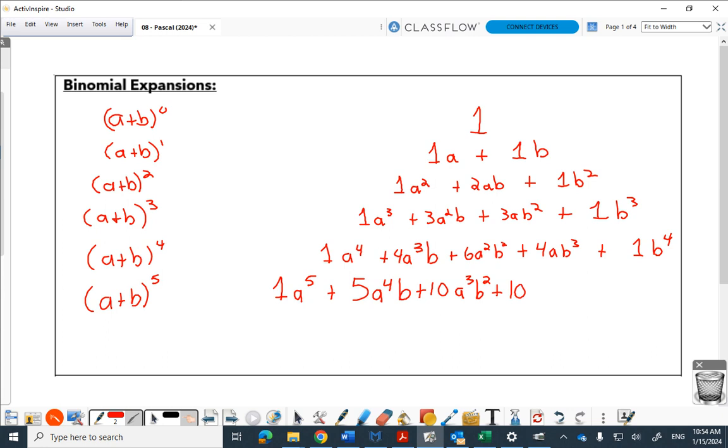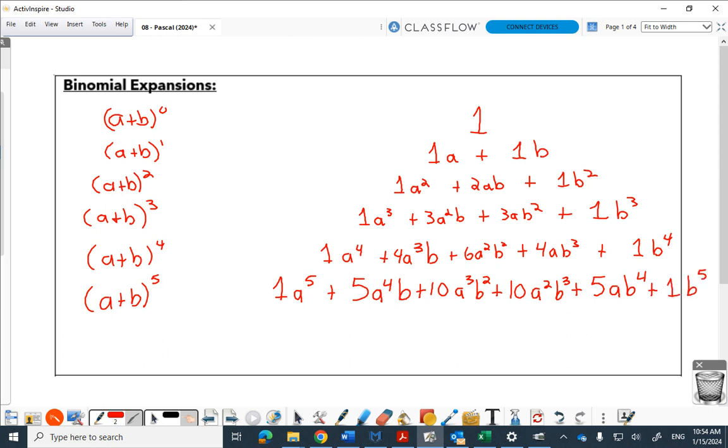Where are we at with A's? A squared, because the A is just reducing, and B cubed. Next coefficient, 5. What's happened to the A's now? Reduce it down to A to the power of 1, which you can just write A. B's now up to 4. And the last one is 1B to the 5th.